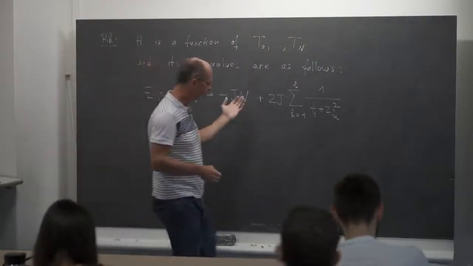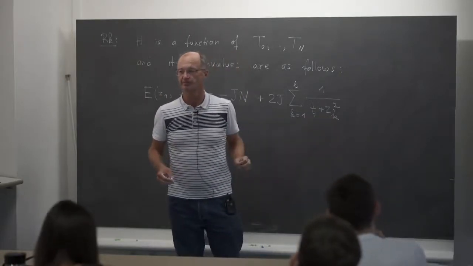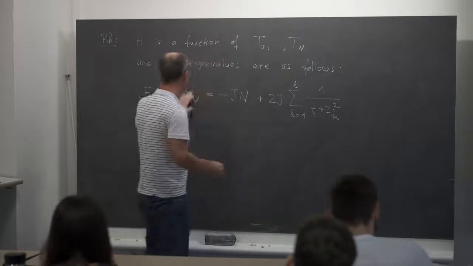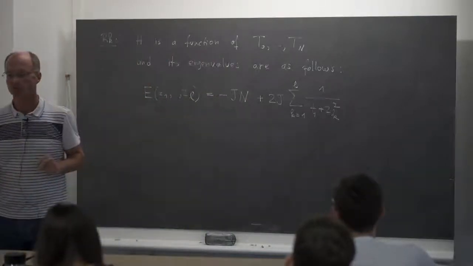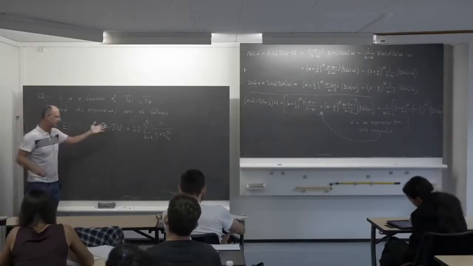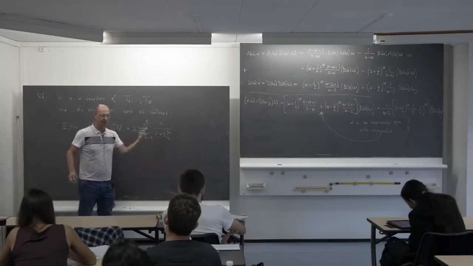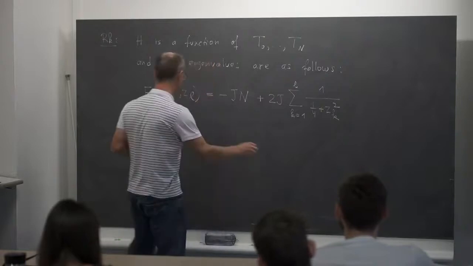So it's a very simple function of zk's. L is a number, oh sorry, yeah, there were L of them, right? But these are solutions of the Bethe equations. So a priori, it's a simple function of solutions of a very complicated system of equations.